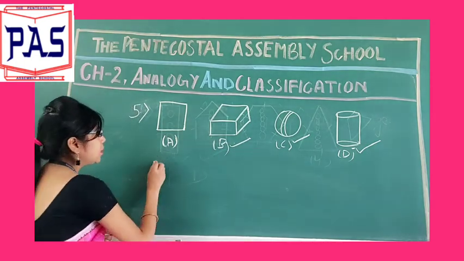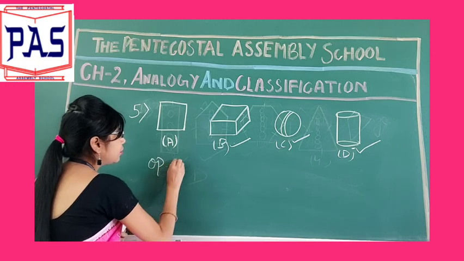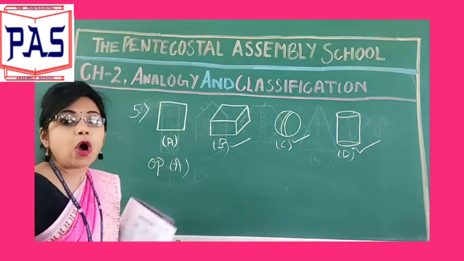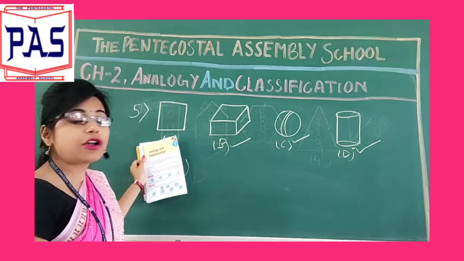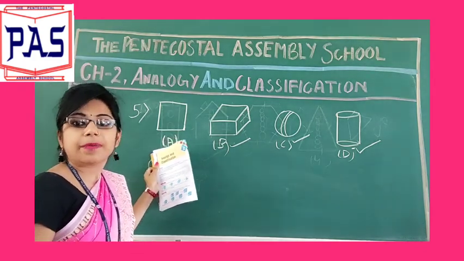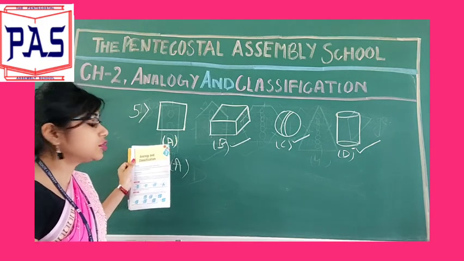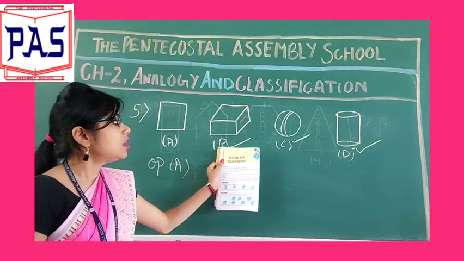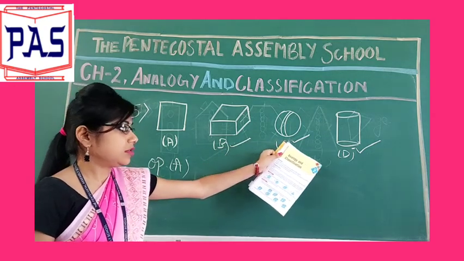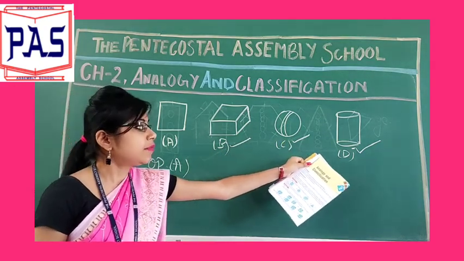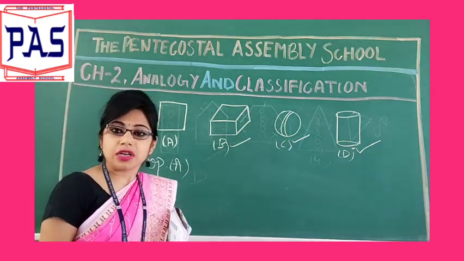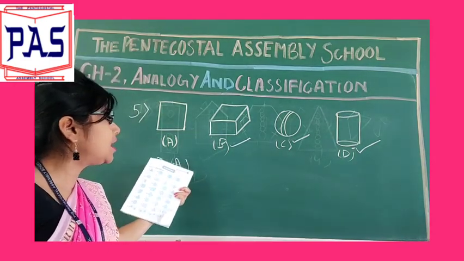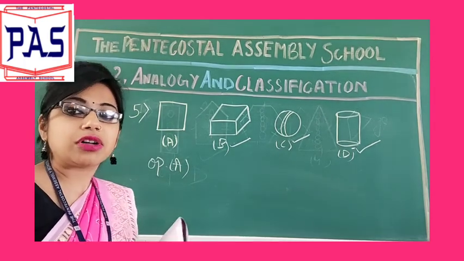Option A will be your answer for question number 5. Option A, the figure of square is odd because it is not a solid figure, and the others, cuboid, sphere and cylinder, are solid figures. So the figure given in option A, which is a square, is odd among them.